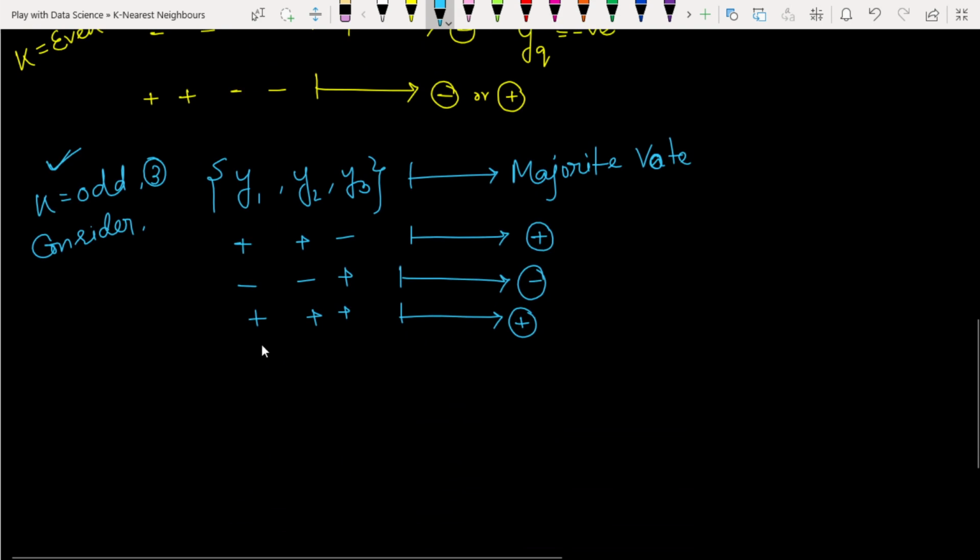If all are negative, then also no problem, it will be negative. I think all the cases, positive and negative, I have considered. So if we choose k as odd, then we have no problem.